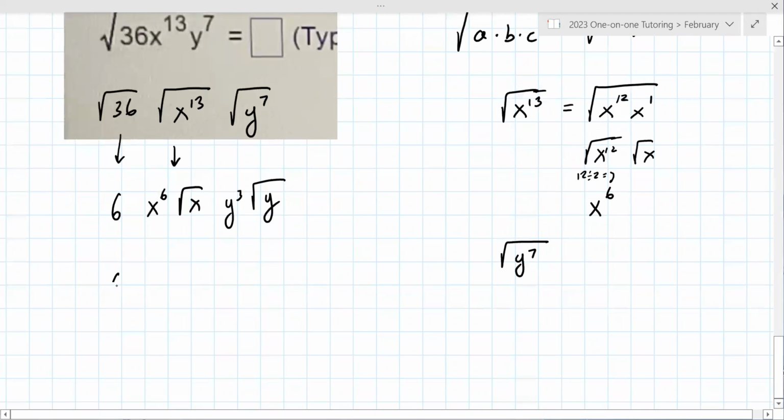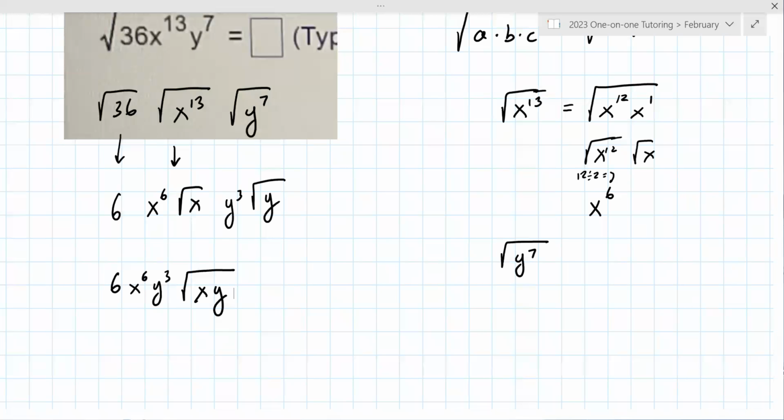And you generally put the number first, then the variables in ascending or alphabetical order, and then you pair up what's under the roots together. Okay.